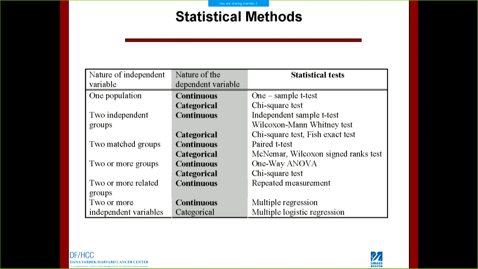Now, suppose there is a two-group comparison. If there are two populations and the outcome variable is continuous, we'll use the independent-samples t-test. But if the sample size is small and the data doesn't follow the normal distribution, we may have to use a non-parametric test, like the Mann-Whitney U-test or the Wilcoxon test.